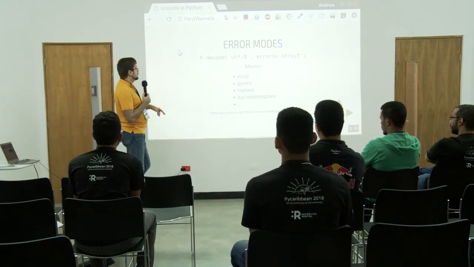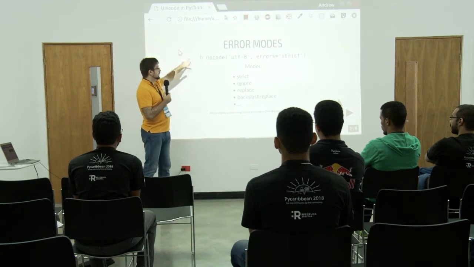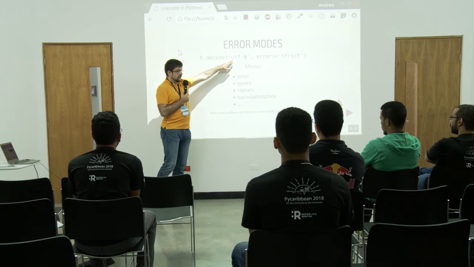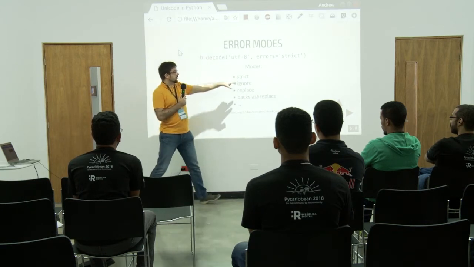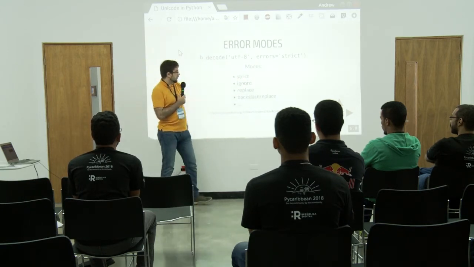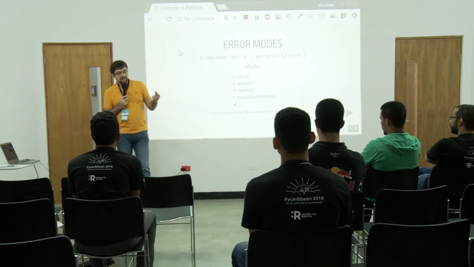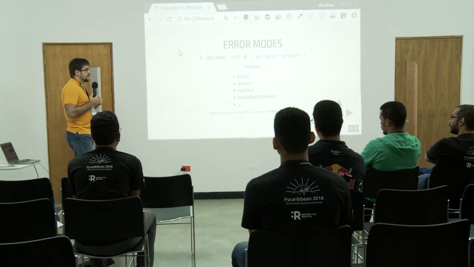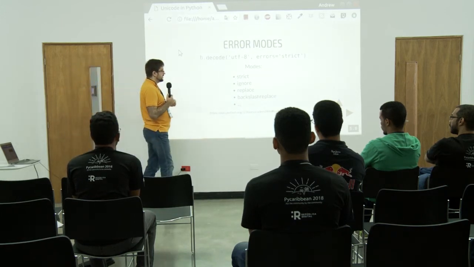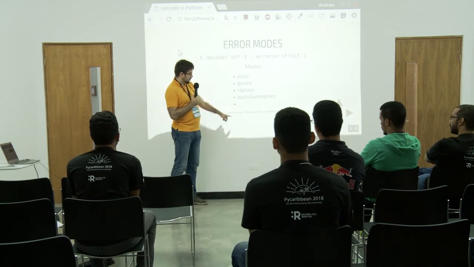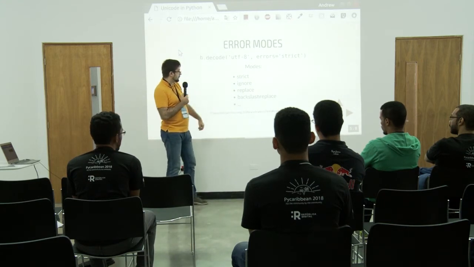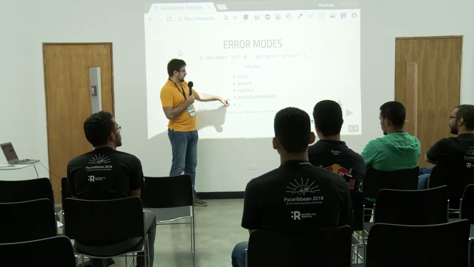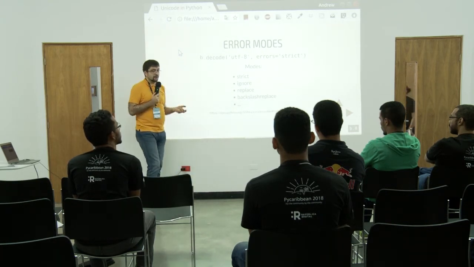When you decode bytes trying to get a string from UTF-8 encoding without parameters, with the strict default error handler, you'll get an exception if the text is not UTF-8 encoded. There are many different error modes mentioned here. It's just standard Python documentation. And the most useful are 3. Ignore.